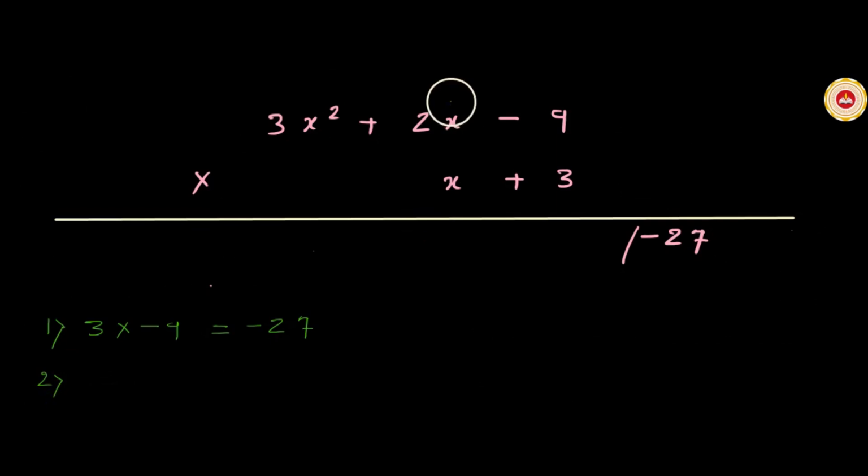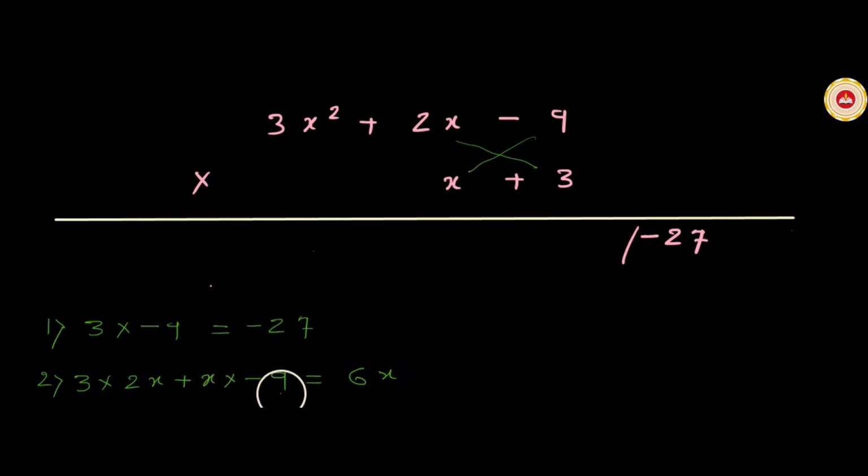Second step. What is the second step? Join this second column to first column. Now there are two columns, and we multiply the terms in the two columns crosswise. 3 multiplied by 2x plus x multiplied by minus 9. 3 multiplied by 2x, 3 2s are 6, that means 6x.